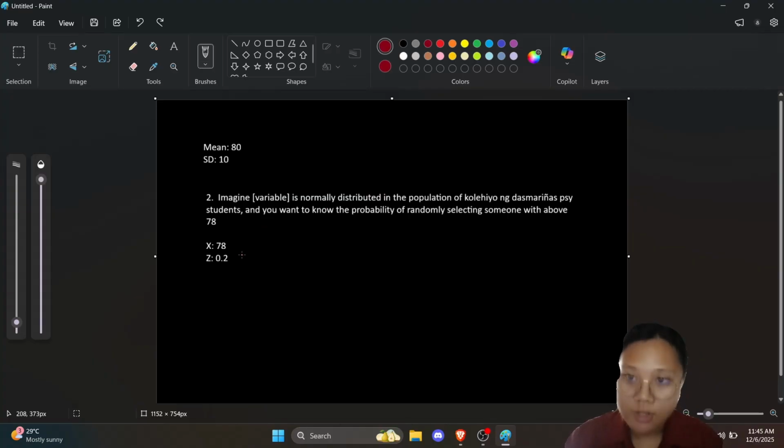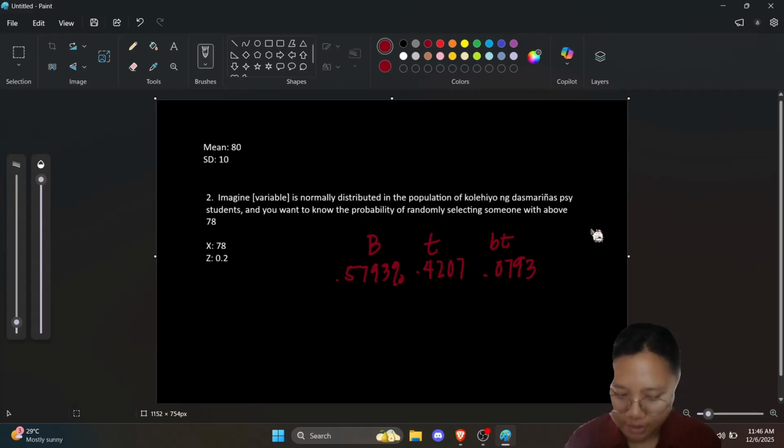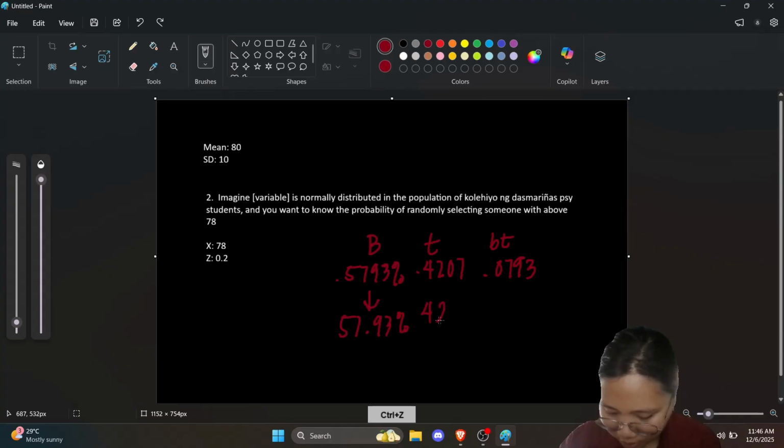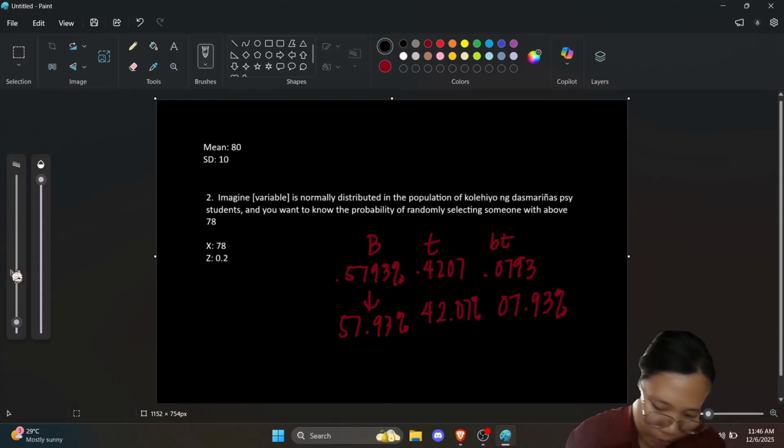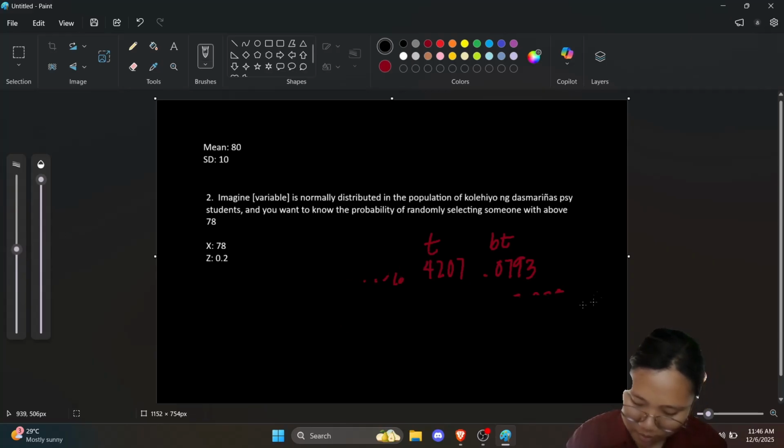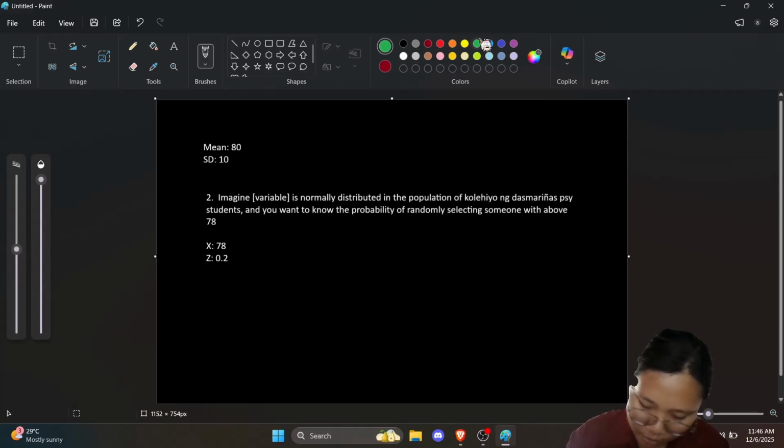If you notice, our z-score this time is positive, so we don't have to switch the values of the body and tail. We just turn them into percentages: 57.93%, 42.07%, and 07.93%.